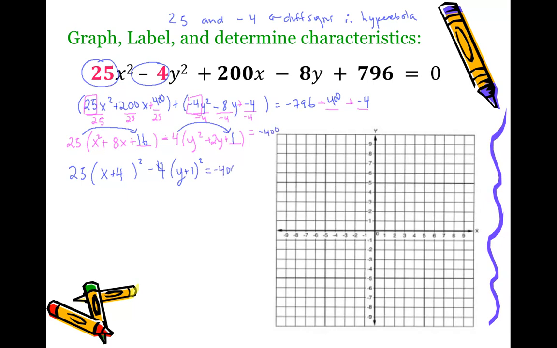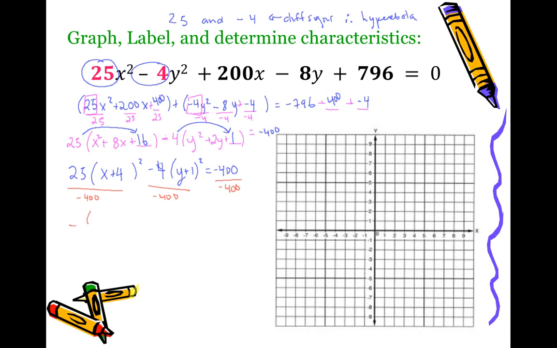So I'm almost at standard form, but now to actually get it in standard form, it needs to equal that 1. So I'm going to divide everything by -400. And this is really neat. 25 divided by -400 is -1/16.